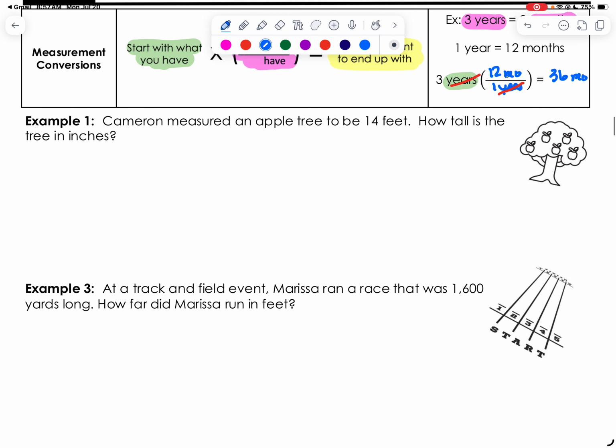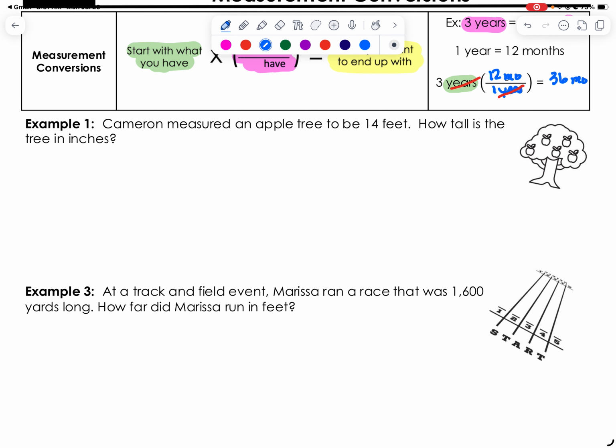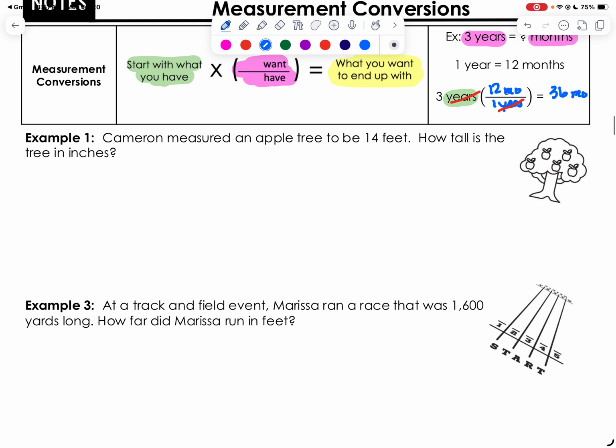Let's look at example 1. Cameron measured an apple tree to be 14 feet. How tall is the tree in inches? So we were given feet and we're going to inches. So you need your unit rate. Now, the unit rate will either be given to you or you can find it off your formula chart.